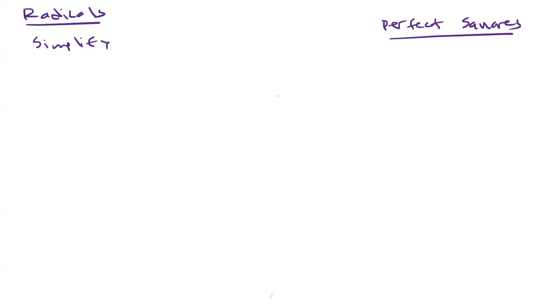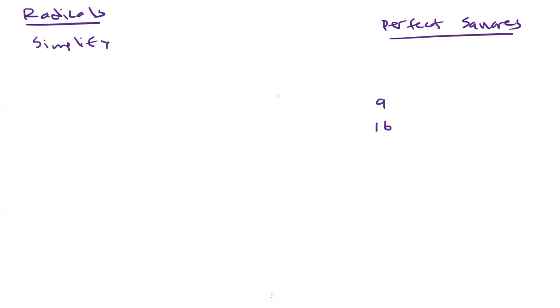Okay, can you give me an example of a perfect square? What's an example of a perfect square? 16, good. Okay. All right, what's another example? 9, good.